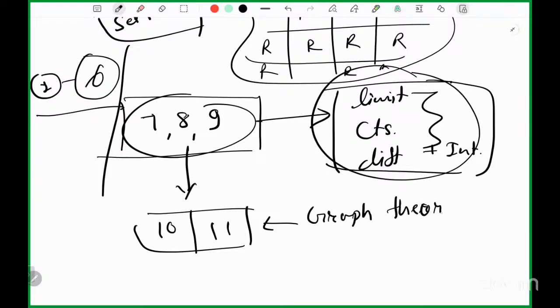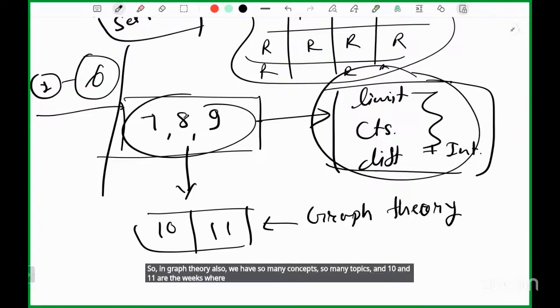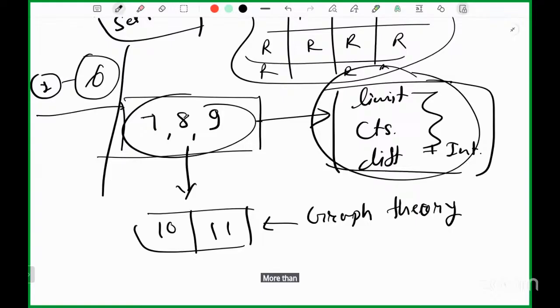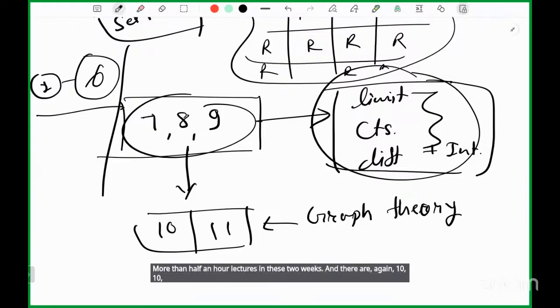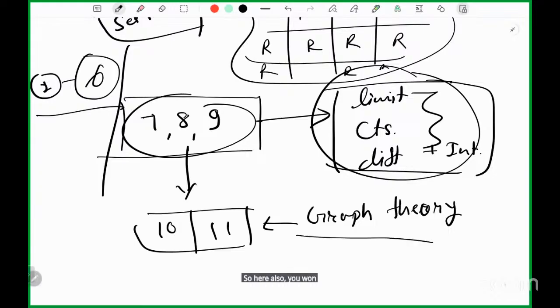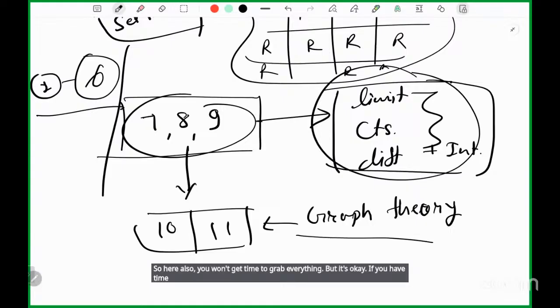In graph theory we have so many concepts and topics, and weeks 10 and 11 have more lectures with longer durations. There are lectures of more than half an hour in these 2 weeks, and again 10 lectures each week. So here also you won't get time to grasp everything. But it's okay, if you have time, you can go and see those videos. That will be helpful.